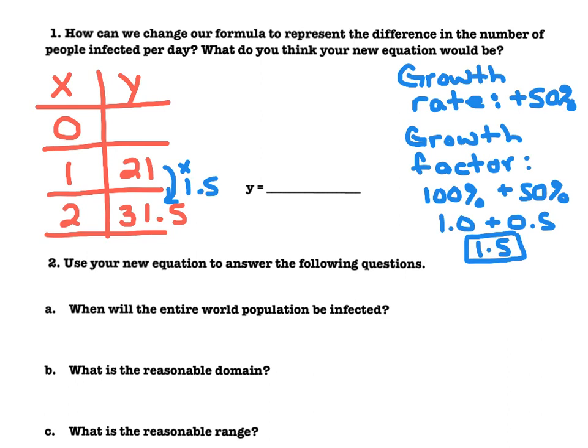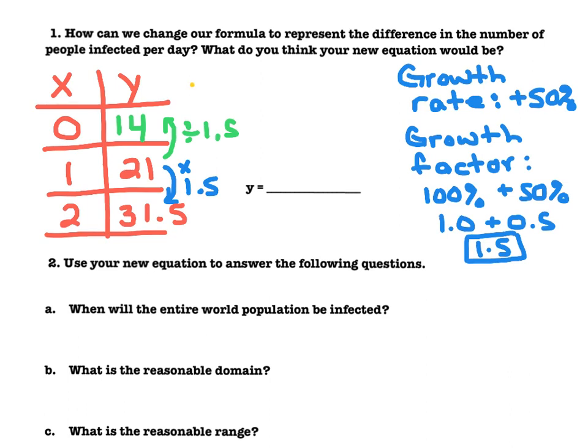Now, in order to get our original value for what it was when it initially started, since we're multiplying by 1.5, we could do the inverse, which would be to divide by 1.5. So if we take 21 divided by 1.5, we find out that on day 0, AKA yesterday, there were 14.